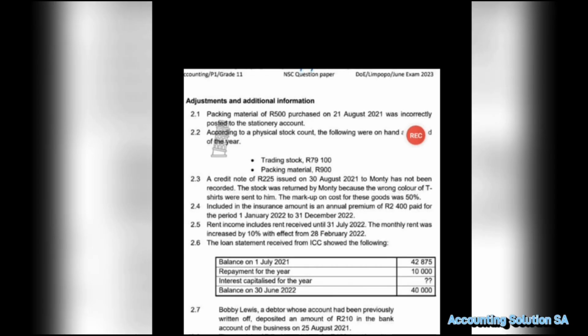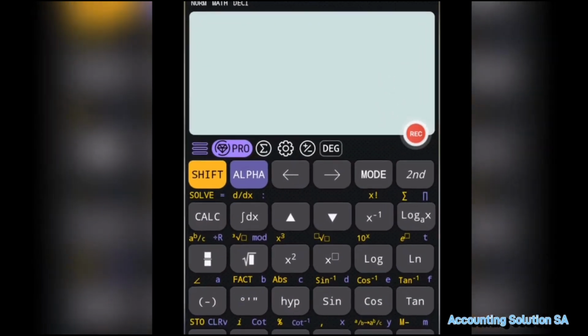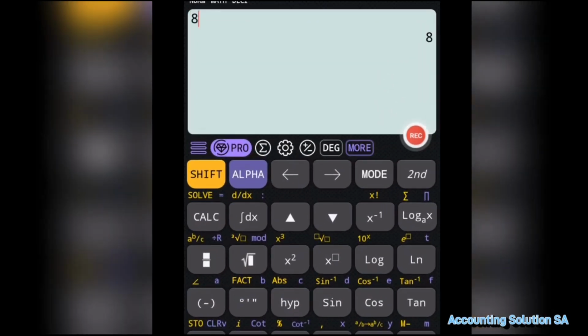In this case, we're going to count from last year, 1 July 2021, until 28 February. So it's going to give us 8 months before the rent increase. Then the rent increase is from 1 March 2022 until July. Then it's going to be in this way. 8 months is for before the increase, then you say plus 5 months is after the increase. So guys, when you add them together, they must give you 13.